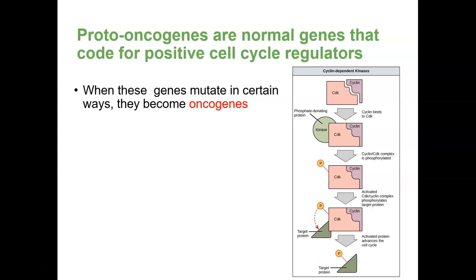So there's a class of genes which are called proto-oncogenes. These are normal genes, and they code for positive cell cycle regulators like the cyclins and the CDKs. So what happens is that when these genes get mutated in certain ways, they can become oncogenes.